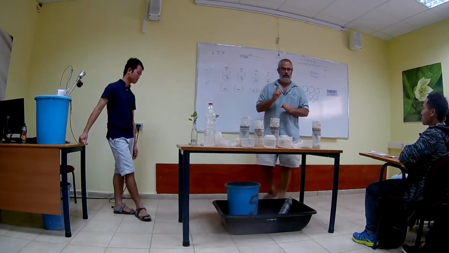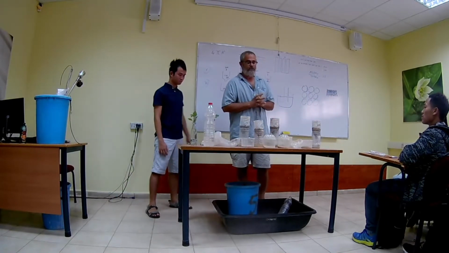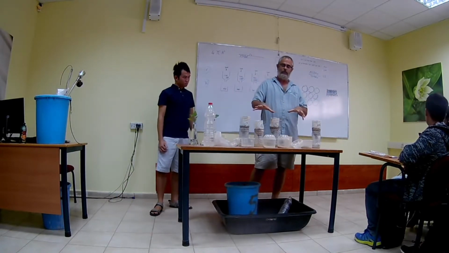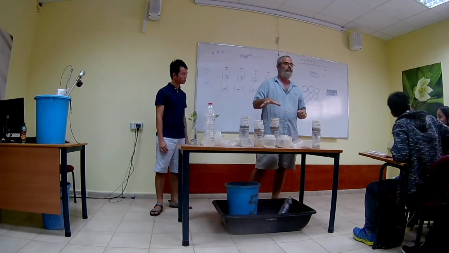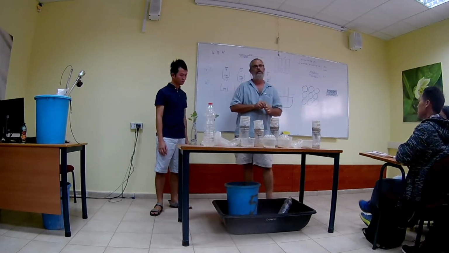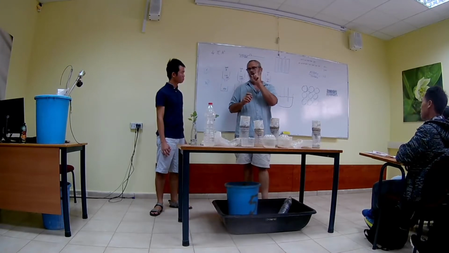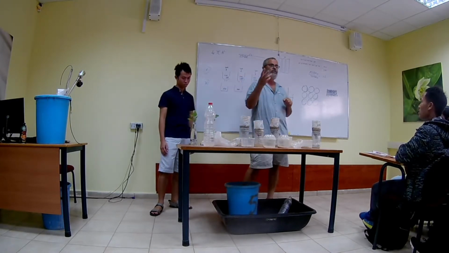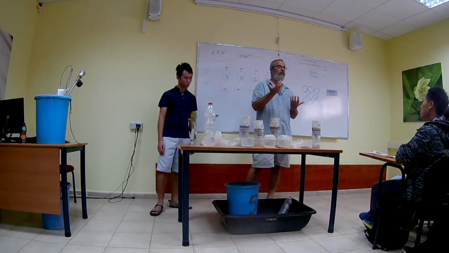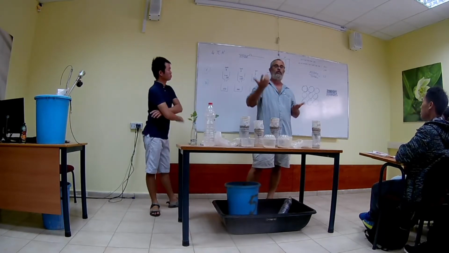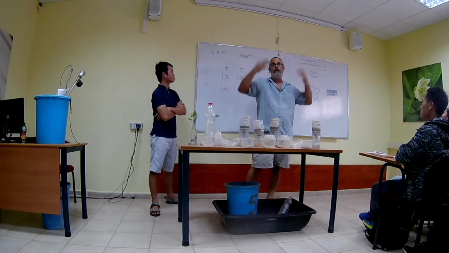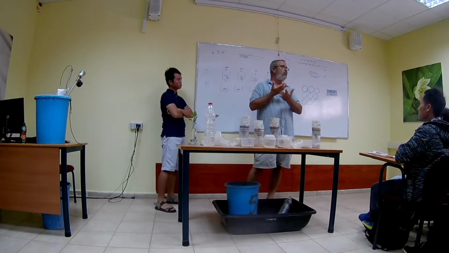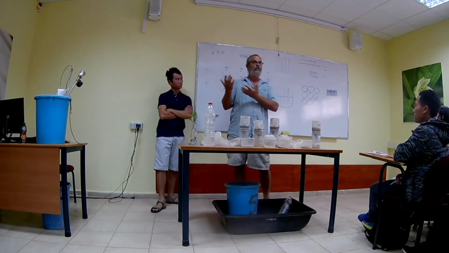Okay, so this thing demonstrates to us actually two things. One, it's how much water our soil can hold. Now it's very important for us. There is rain, and after the rain, there's some water left in our soil.